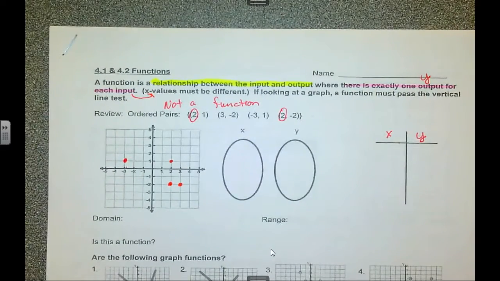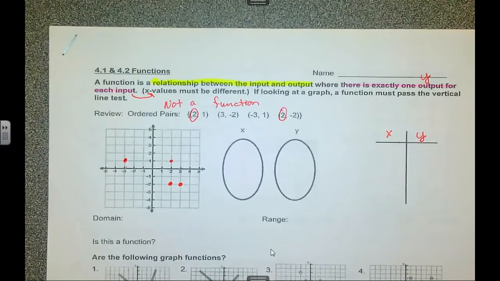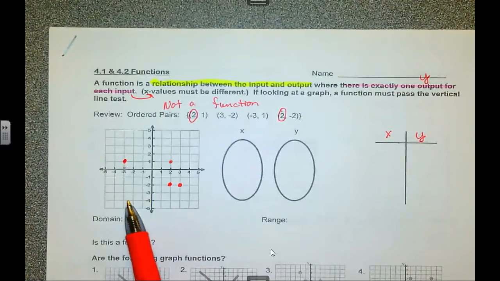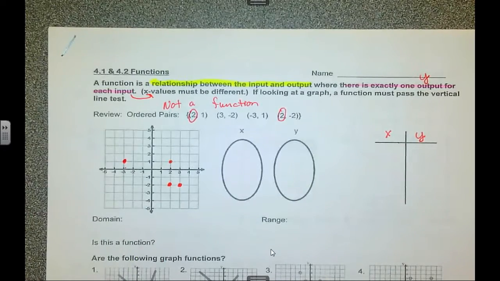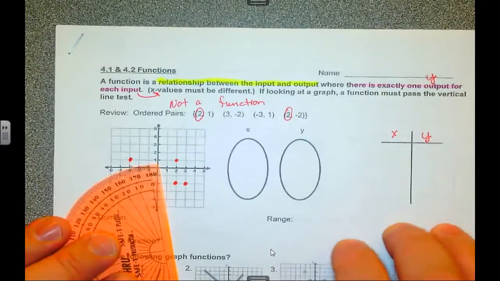You're just charting points. Does anybody remember an easy way, when you have a graph, to tell whether something is a function or not? Yeah, that vertical line test, right? We just reviewed this with our Algebra 2 students because they use it in Algebra 2.